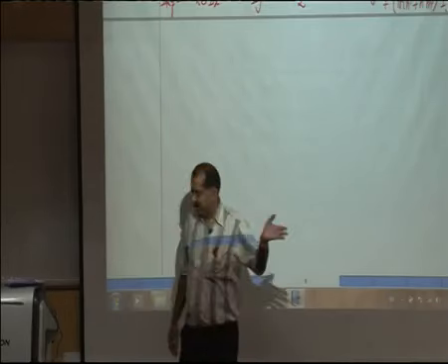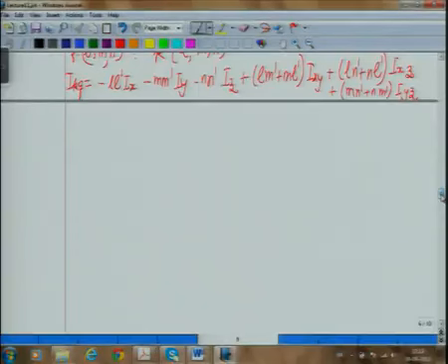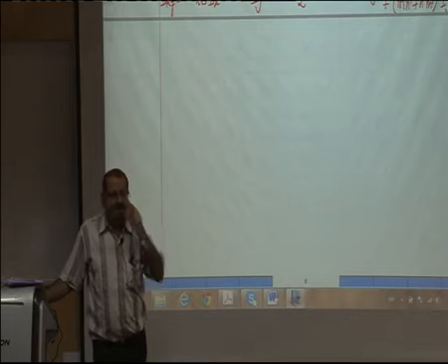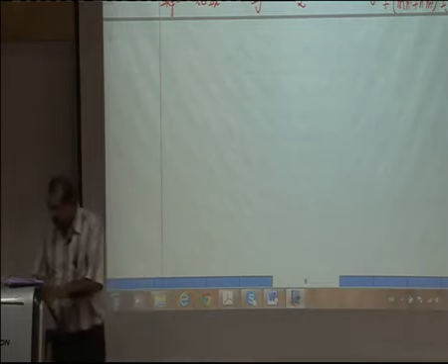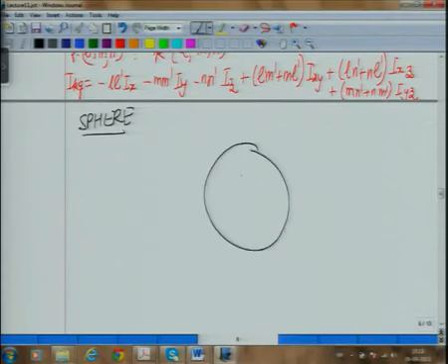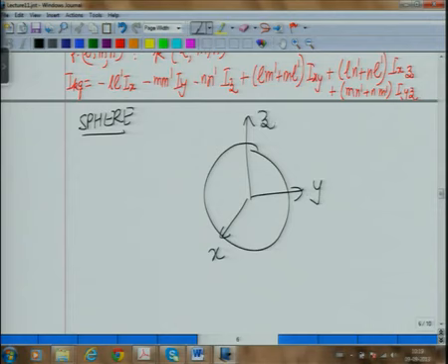Now, what I was saying, and when I was talking about symmetry, you rightly pointed out, the most symmetrical object in terms of three-dimensional thing is what? A sphere. Now, let us look at a sphere, that means this is a three-dimensional object, not a cylinder, and let us place x, y, z like this at the center.